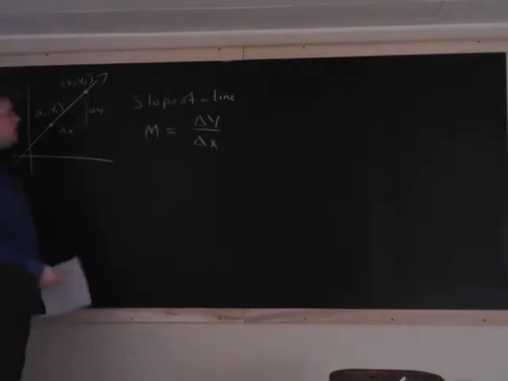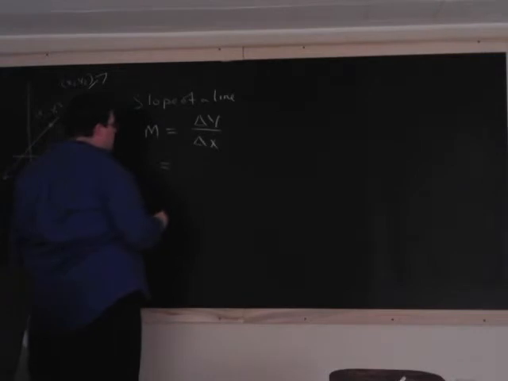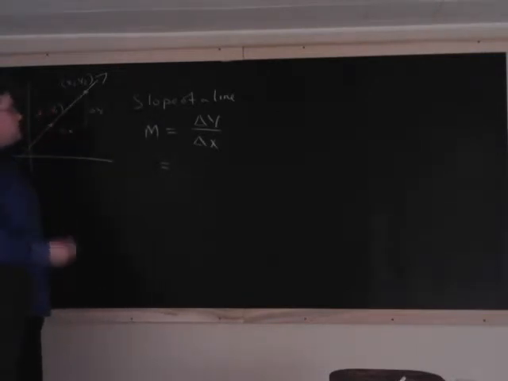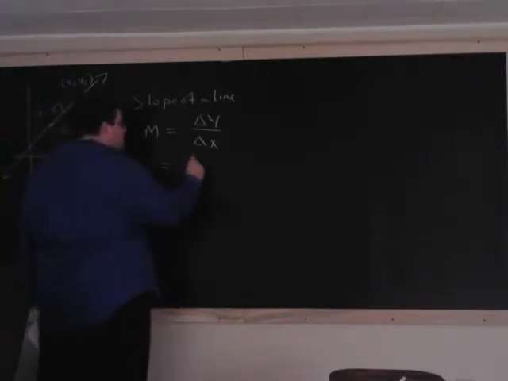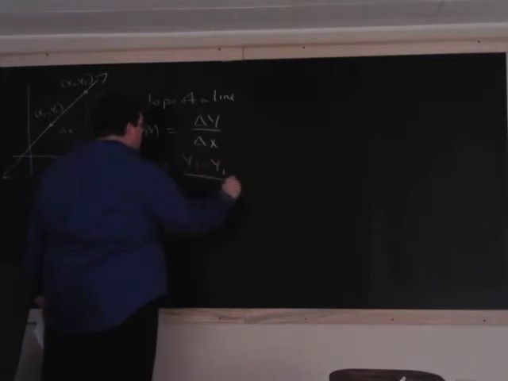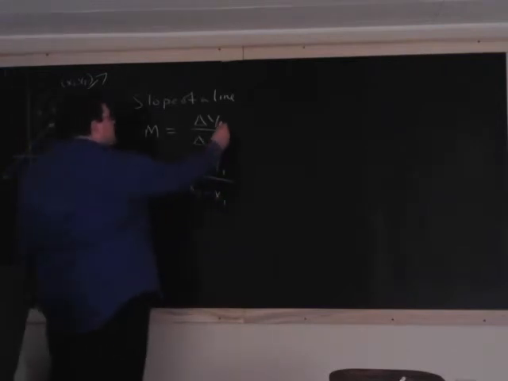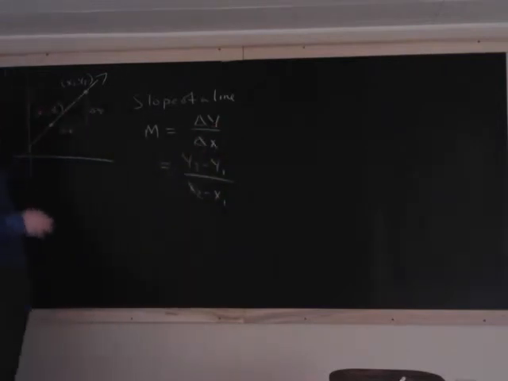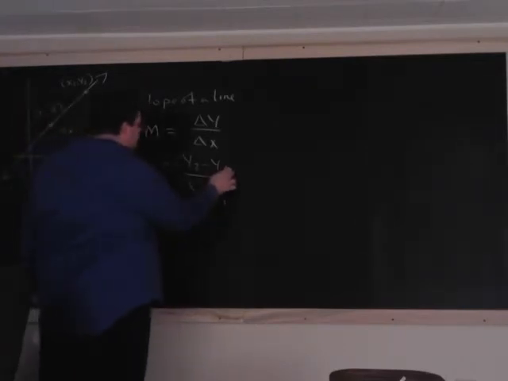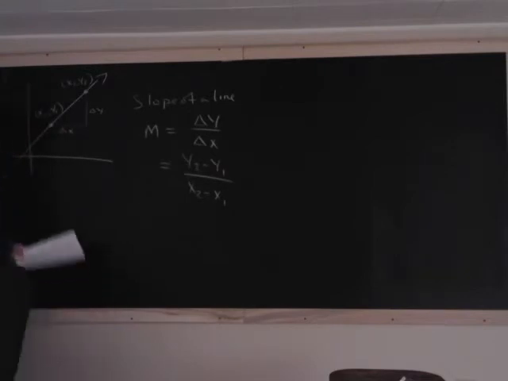And if you want, there are times where you'll be given 2 points and you can just think of the change in y as y2 minus y1, the change in x as x2 minus x1. Or you could flip the 1s and 2s around in both of those if you want. There will be times where it's convenient to think of it as just a change, and there will be times where it's convenient to think of the exact numbers involved in the change.